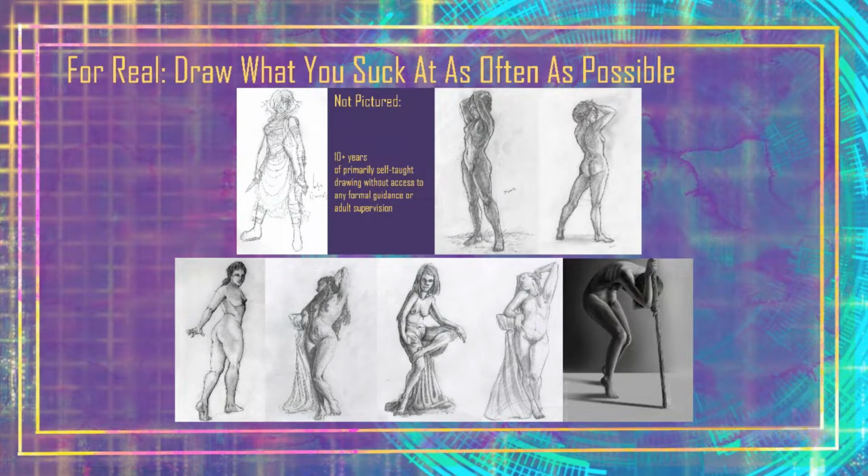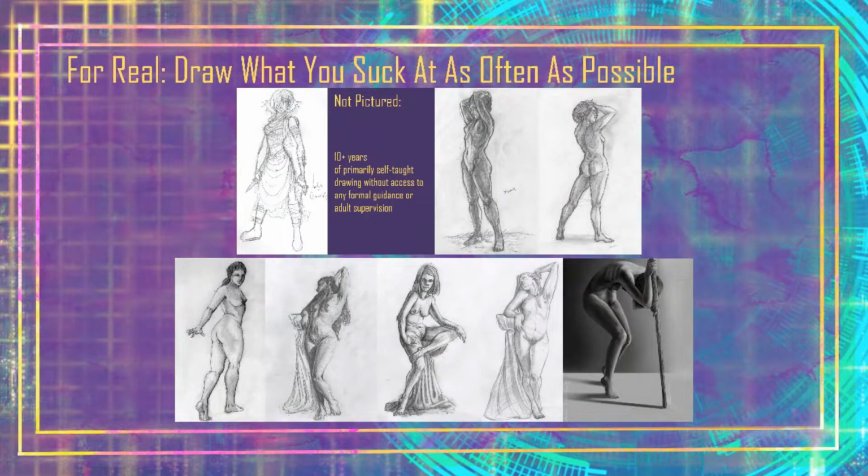But 10 years later, there are some examples of drawing from live models. They were both 30-minute studies that show obvious improvement in anatomy, drawing skill, and just general, I guess, thought process is a good way to think about it. And that was up to before I started art school.